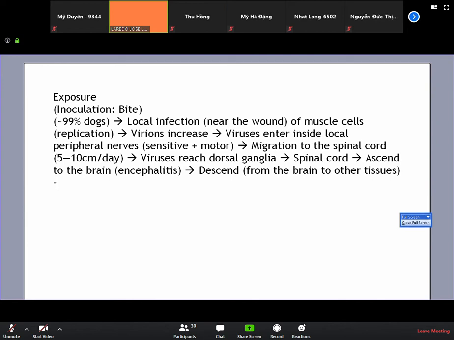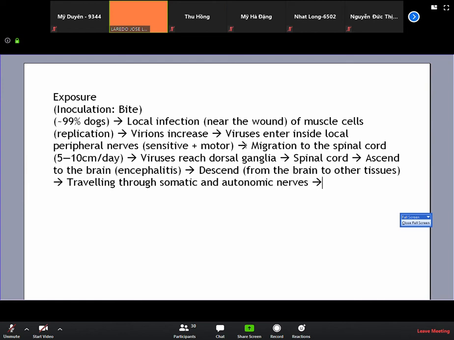So they can move through other nerves. So traveling through somatic and autonomic nerves that you already know from anatomy.